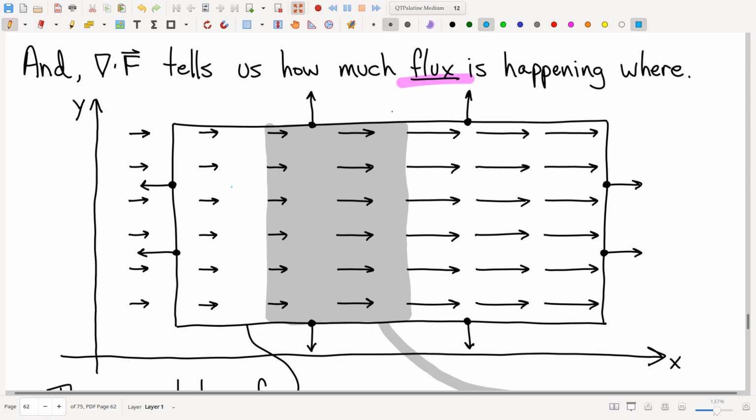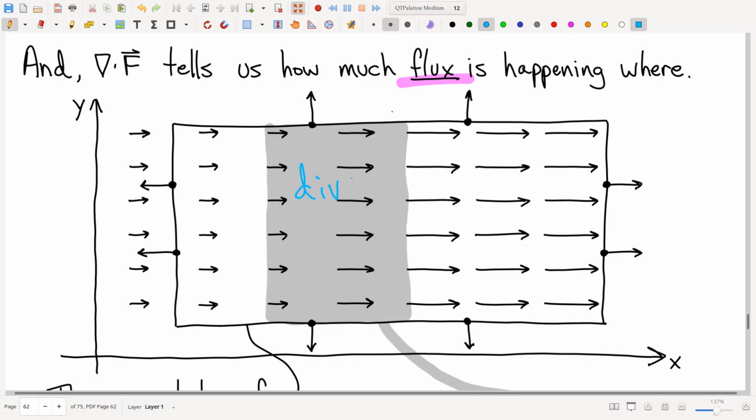And what we would find, you can see it by looking at a little square like this. That little square, there's a small negative amount of flux. There is a larger positive amount of flux. Here we would measure a positive flux. We would compute that with a positive divergence. And that's telling you where all the boundary flux is coming from.